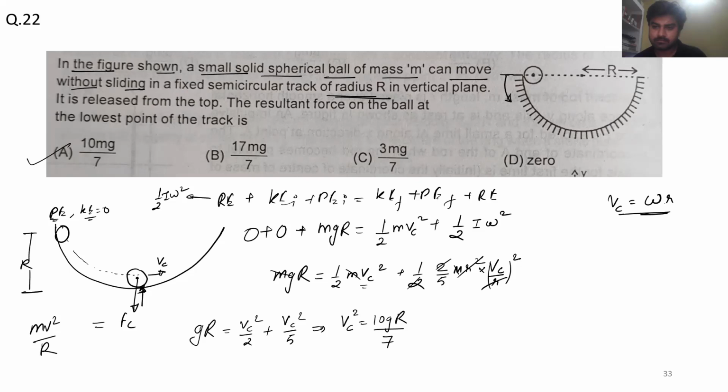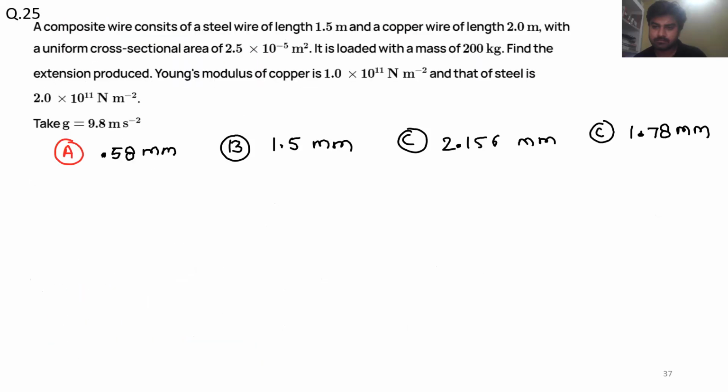Let's come to the next question, which is the 25th. The 25th question says a composite wire consists of a steel wire of length 1.5 meters and a copper wire of length 2 meters. Composite means two wires of different material are joined.